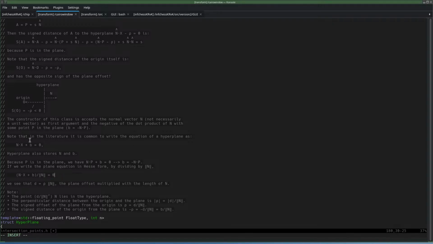It is just this divided by that, which then is n divided by the norm of n, which is n hat, plus b divided by that.